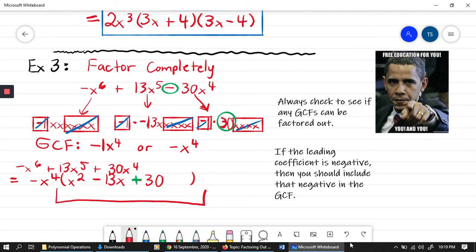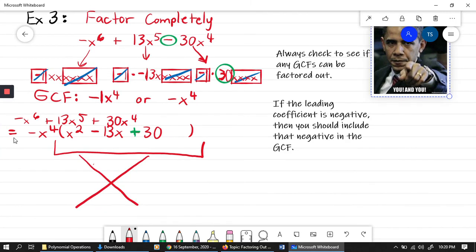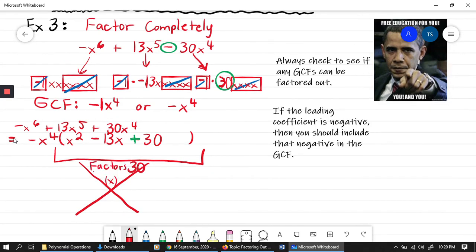All right, so when we look at this, because remember we're asked to factor completely, this is something that we can factor, this trinomial. Remember that when we have a quadratic trinomial in standard form, we can factor it by finding two factors of c that add to give us b. Here we're talking about finding two factors of 30 that add to give you negative 13.